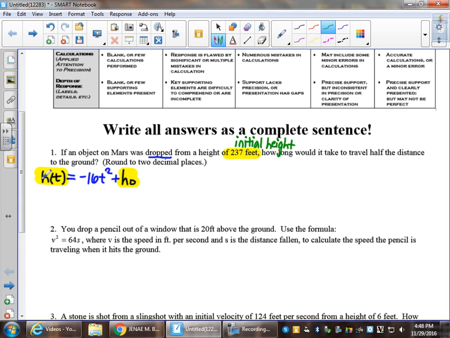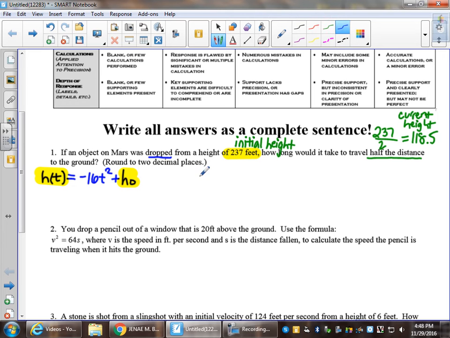The height that I'm being asked for comes from the question. The question says, how long would it take to travel half the distance? So I will do 237 divided by 2, and that is 118.5. That will be my current height. That's what I'm being asked to find.